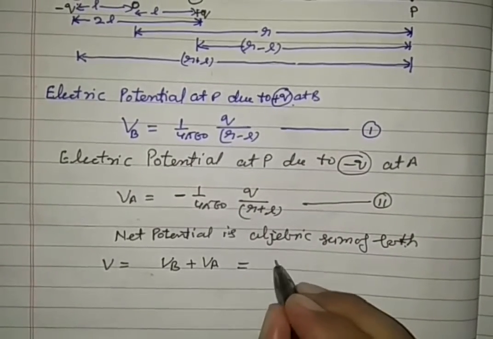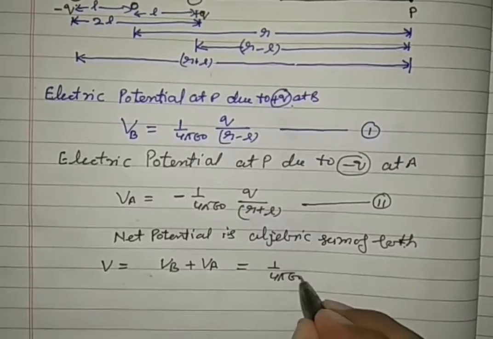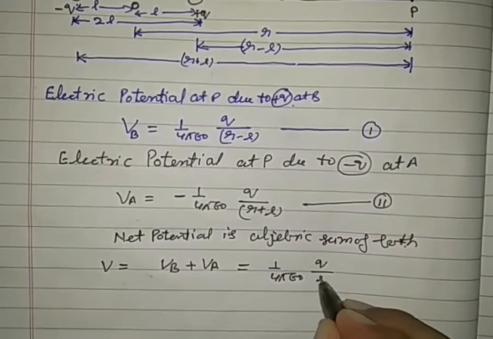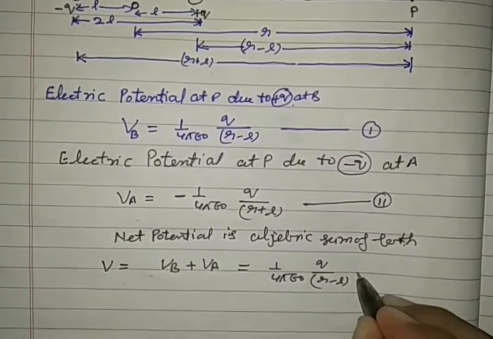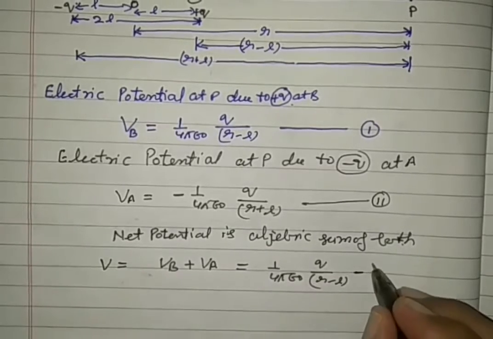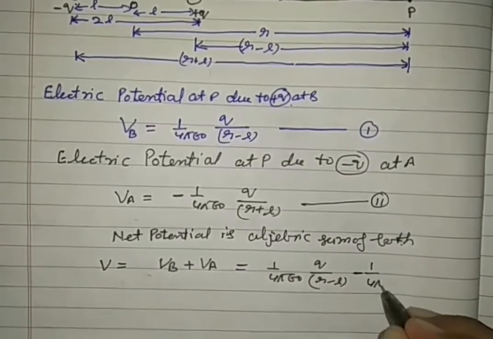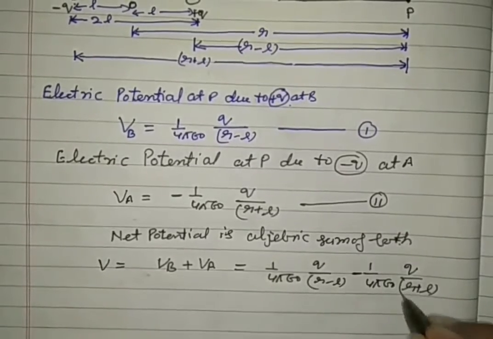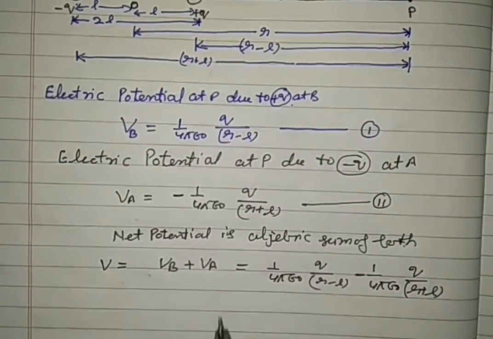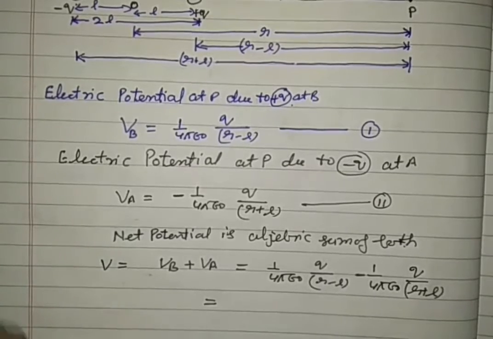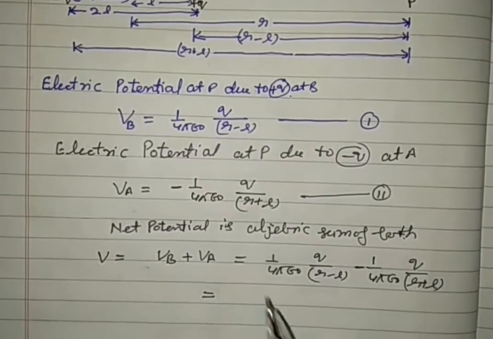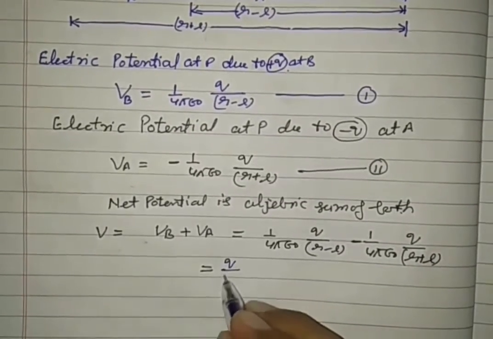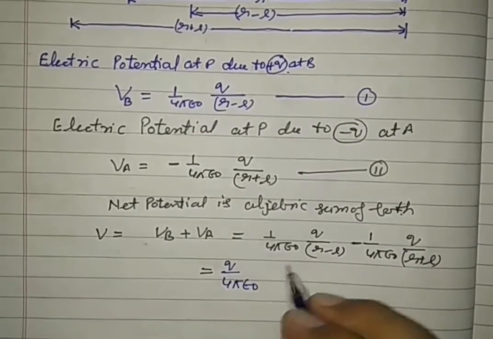Now this is 1 upon 4 pi epsilon 0 q by R minus L, minus 1 upon 4 pi epsilon 0 q by R plus L. In both, q upon 4 pi epsilon 0 is common.